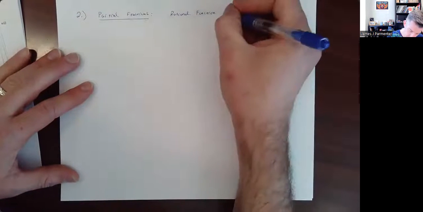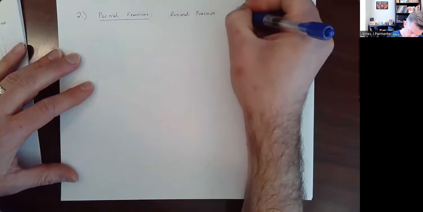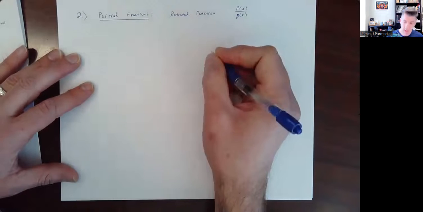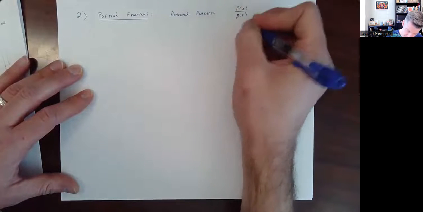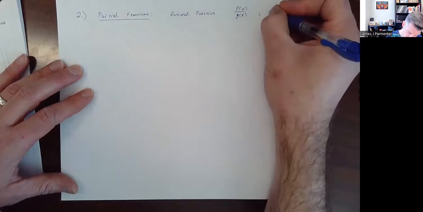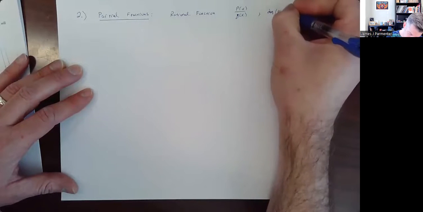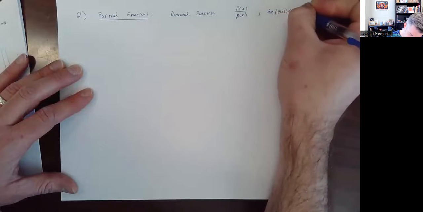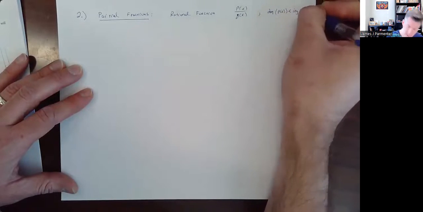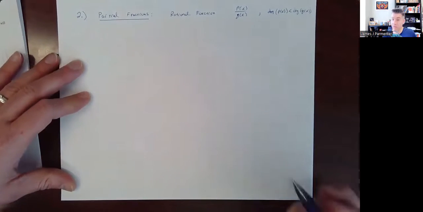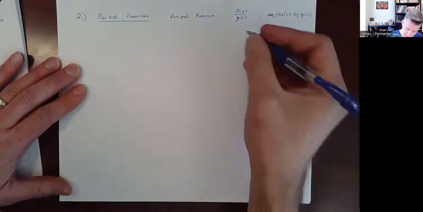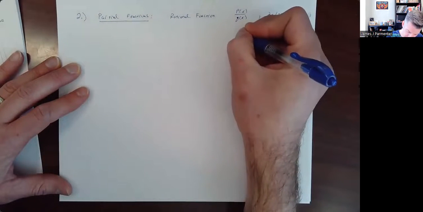But you have to have a rational function, meaning a polynomial over another polynomial. The degree on the bottom has to be strictly bigger than the top, so the degree of p of x must be smaller than the degree of q of x. If it wasn't, you would do polynomial division first, just like we talked about. And then finally, the denominator must factor.